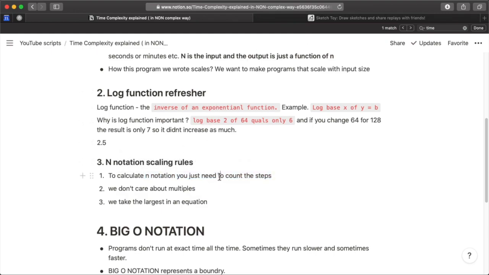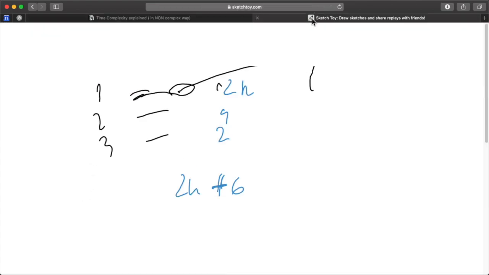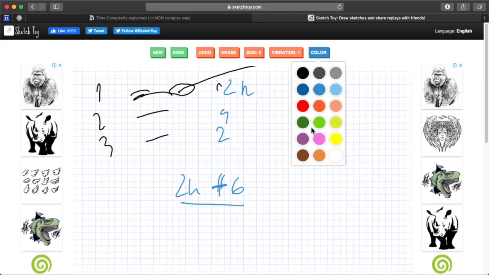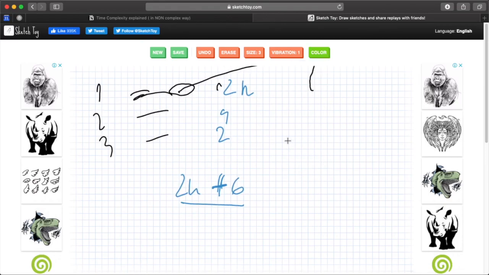To calculate, you just need to count the steps, and we don't care about multiples. We take the largest term in an equation. This is the example I gave you, but it can be something like 3n squared plus n plus, let's say, 9.